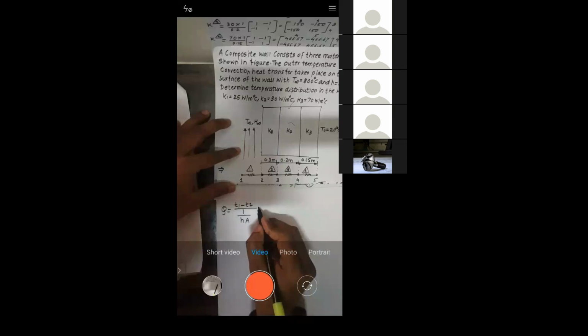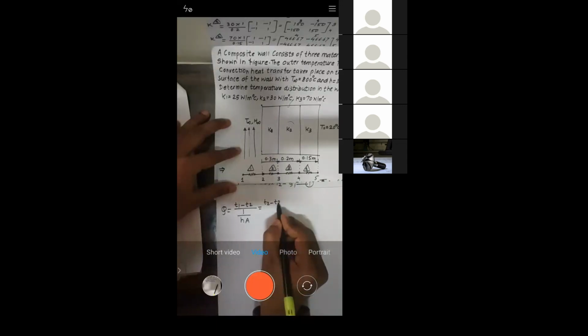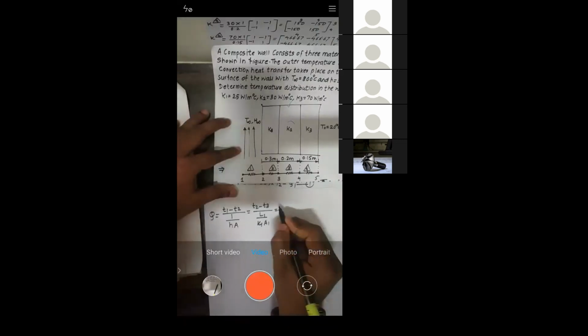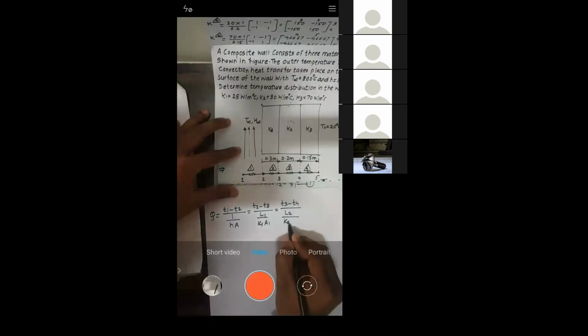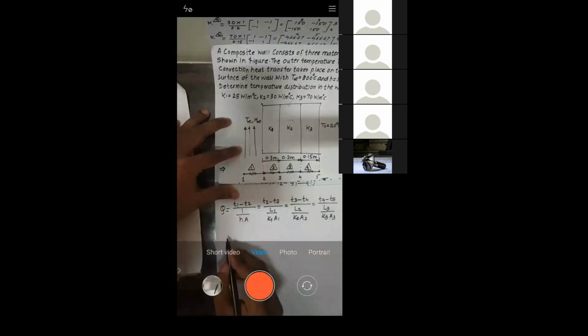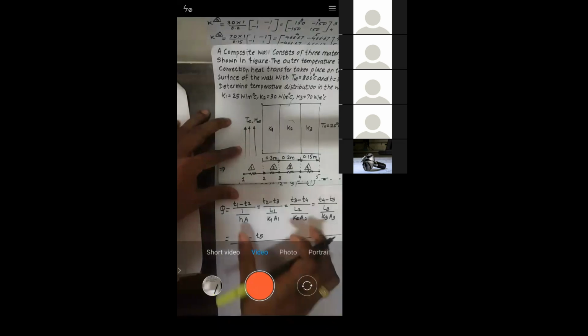Similarly, you can calculate it is equal to T2 minus T3 upon L1 K1 A1, is equal to T3 minus T4 upon L2 K2 A2, is equal to T4 minus T5 upon L3 K3 A3, or is equal to T1 minus T5 upon every resistance you need to add. Yes or no? Okay, got it, sir.